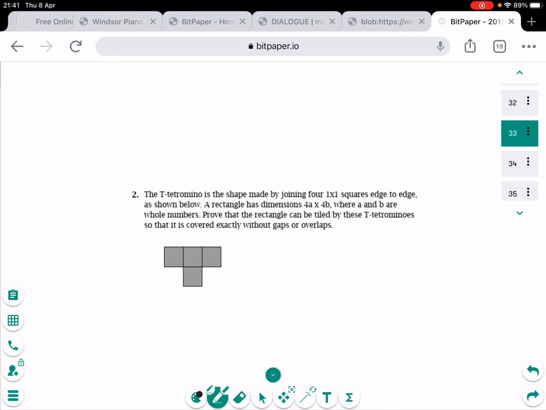And for this question, it might seem difficult because you actually don't know the values of A and B. Basically, we know that A and B can't be 0 because that way it would just be illogical.